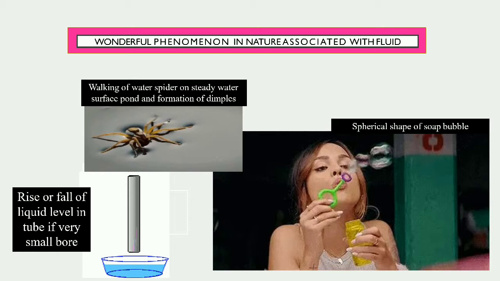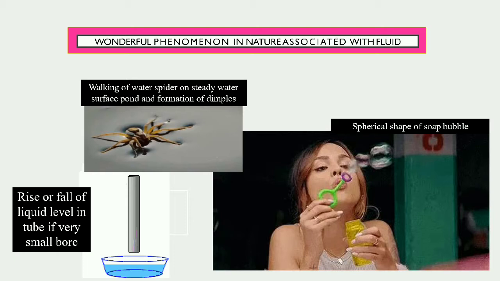Similarly, suppose we consider a liquid, that is water, in a container, and a capillary is dipped in that container or beaker. A capillary is a small glass tube with a very fine bore, a very small diameter. If you dip the capillary in the water, the liquid level rises inside the capillary.